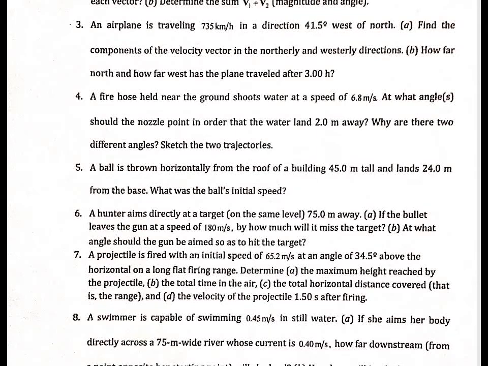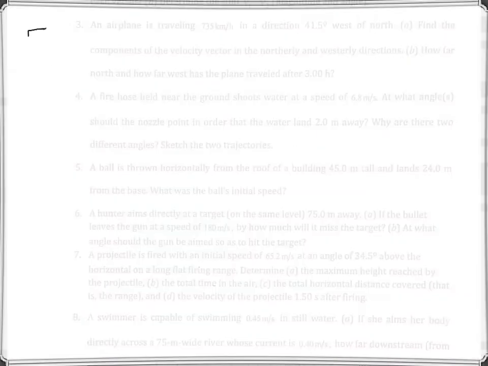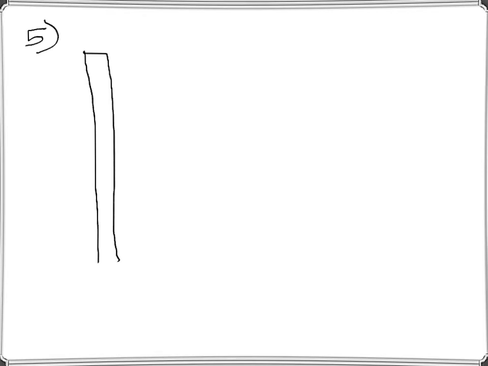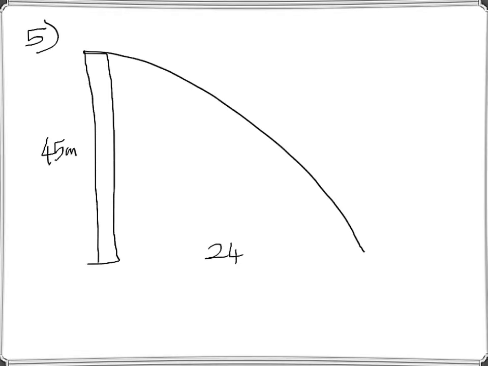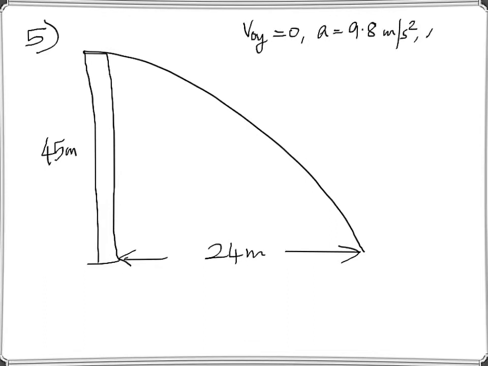Question number 1, the height and the range are given. Obviously, this is not drawn to scale. Again, the initial vertical velocity is 0 because it's projected horizontally.